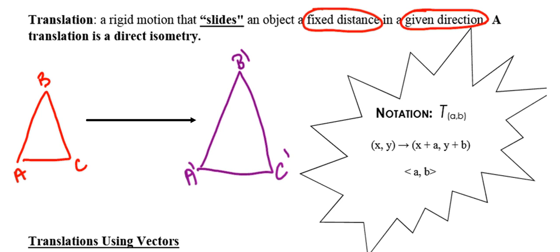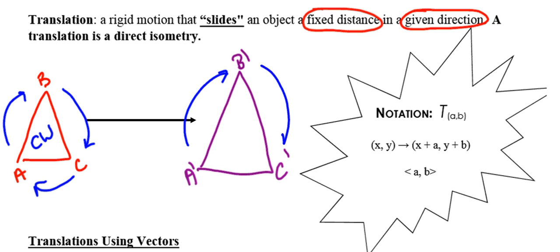Now, because the orientation on this original triangle is clockwise, and the orientation on my new triangle is clockwise, that's what makes this direct. So direct means same orientation.